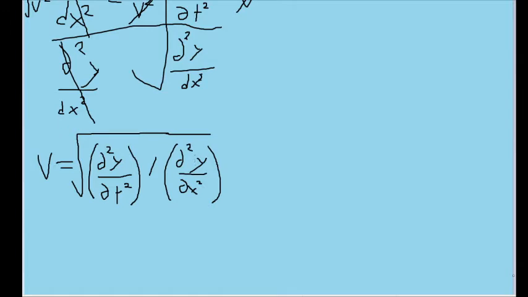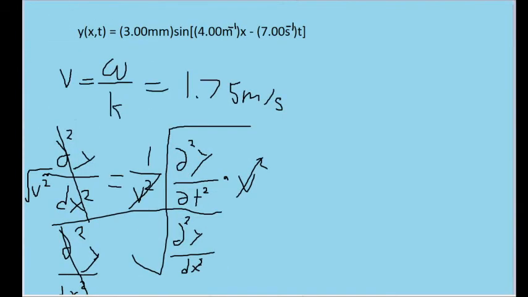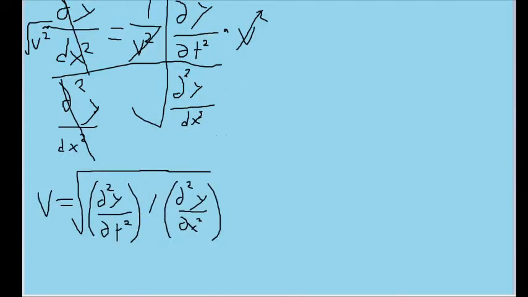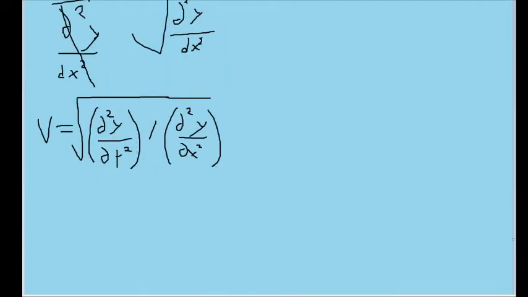So we want to use this equation to find the wave speed based on the information we're given in the problem. So now that we have the formula we want to use, let's find the second partial derivatives for each of these terms so that we can evaluate this equation here.